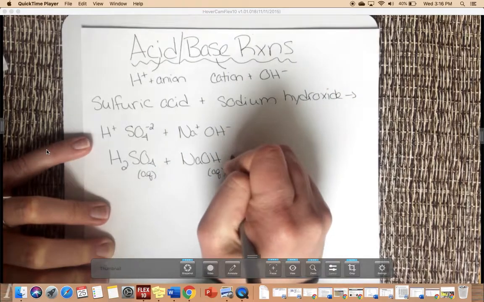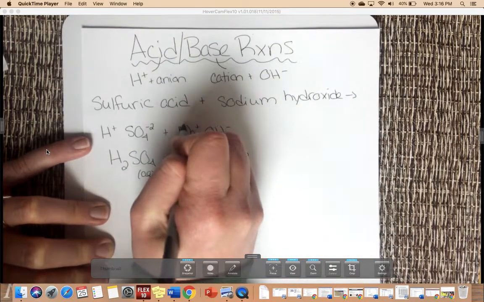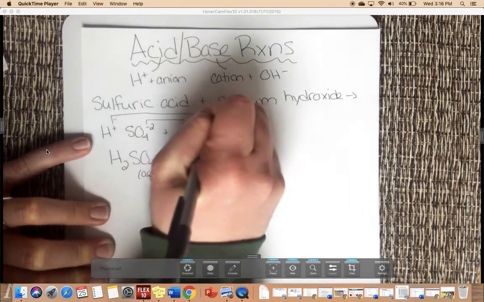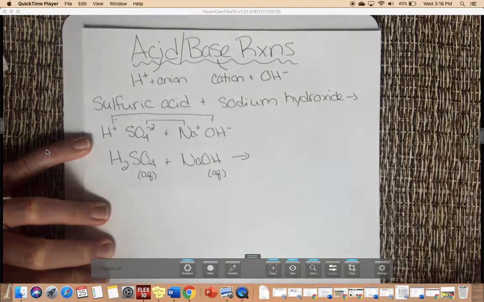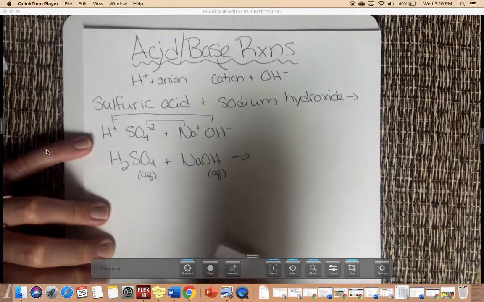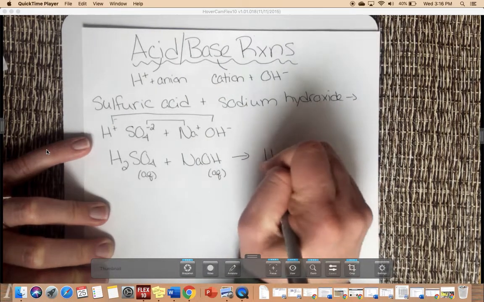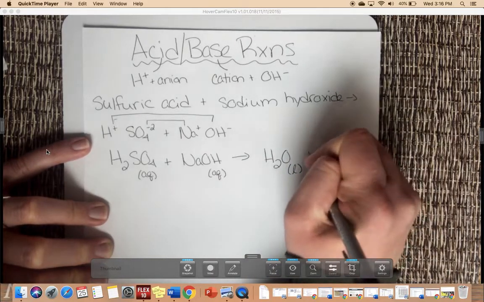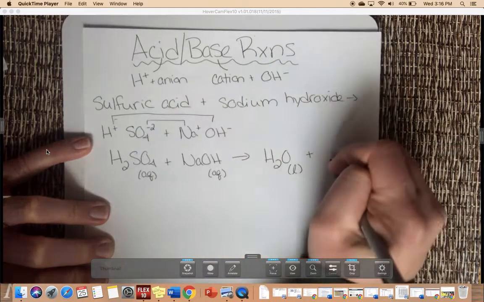Now, just like any regular double replacement reaction, these are going to combine. So H+ and OH-, it gives you an HOH, which is really just H2O. And we know that water is a liquid, plus sodium sulfate.